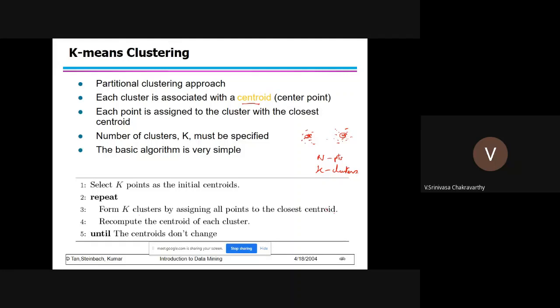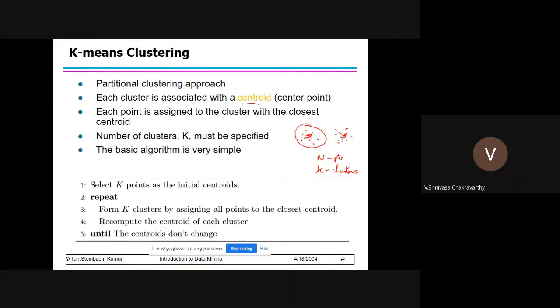Then, once you form the clusters, the centroid, like I said, is supposed to be the center of the cluster, that is, the average of all data points. If you allocate the points to centroids like this, it is not necessarily true that the centroid is the average of all these points.